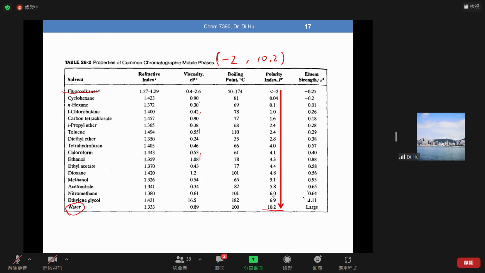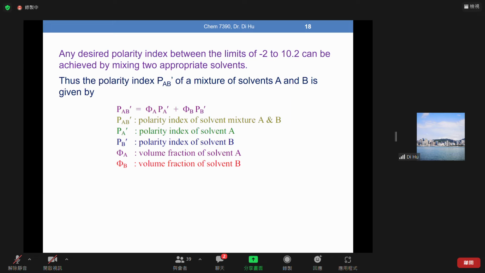Why? Because by mixing different portions of the water phase and the organic phase, you are able to adjust the polarity within the range of -2 to 10.2. By combining different solvents together, you can reach any desired polarity index within this limit.